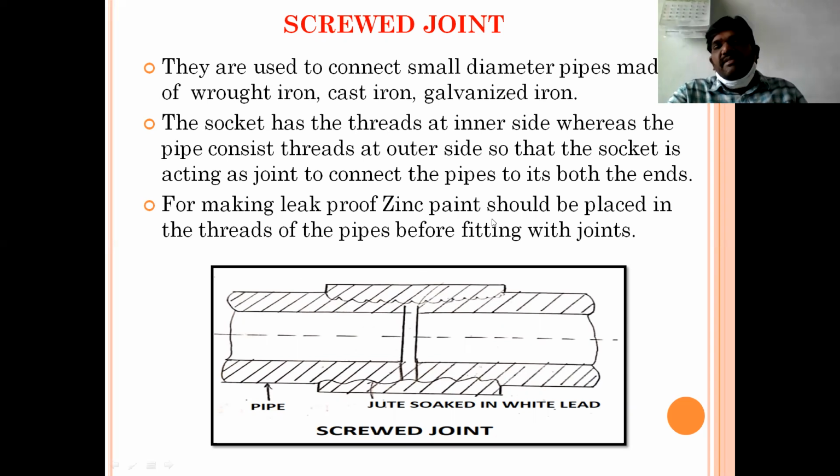For making it leak-proof, zinc paint should be applied to the threads of the pipe before fitting with joints. Jute soaked with lead is also helpful for making this joint tighter. Understand? See, the socket has threads inside, whereas the pipe has threads outside, so that the socket acts as a joint to connect the pipes at both ends, this end and this end.